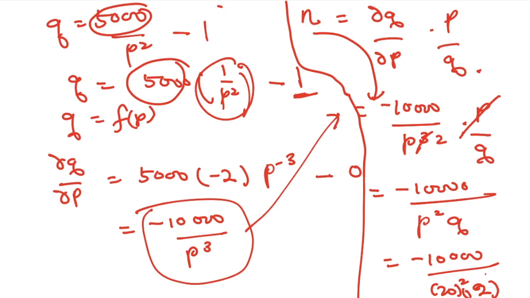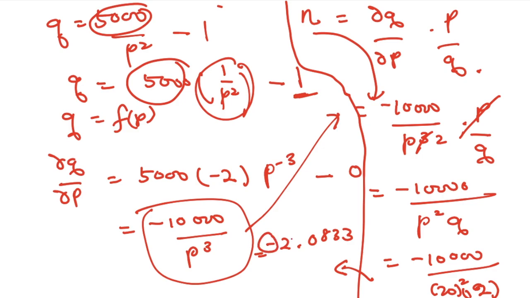Once you calculate it, you're going to get an equivalent answer. Let me write it clearly here because I don't have enough space. So here, 20 square becomes 400, isn't it? So you can simplify it even further, and you're going to get something like minus 2.0833.